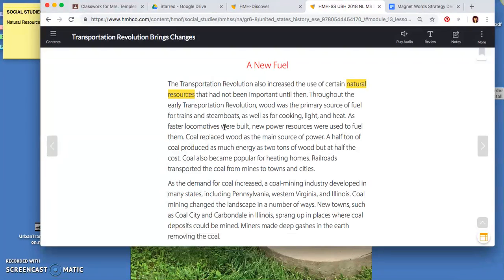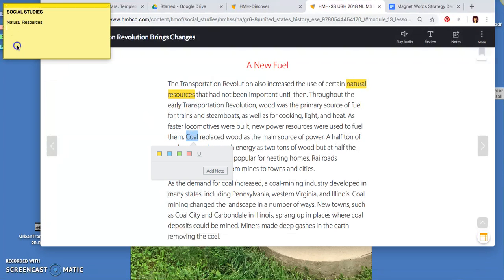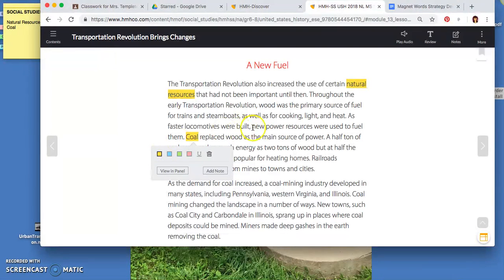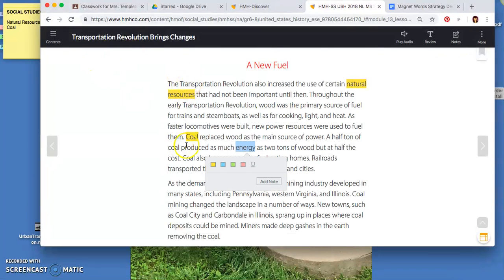And what else am I going to pick? Oh, so I see that the word coal is repeated like 4 or 5 times in this passage. So I'm going to definitely highlight the word coal. I might highlight the word energy.